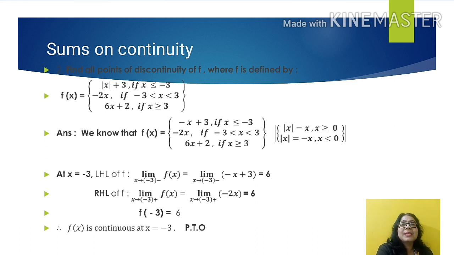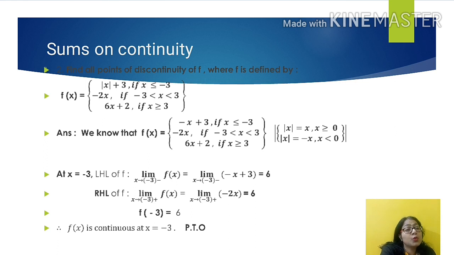So obviously this is a trick here, you can be confused, but no need to be confused, because x less than or equal to minus 3 means obviously x is less than 0. So here directly we can use, in place of modulus x, f(x) equal to minus x plus 3. So we will consider this function now. So here f(x) is equal to minus x plus 3.